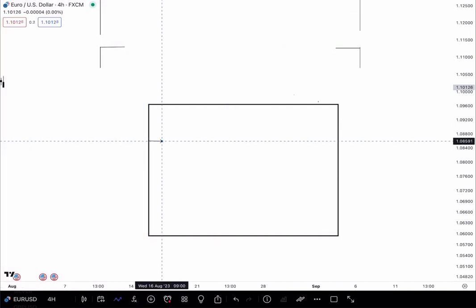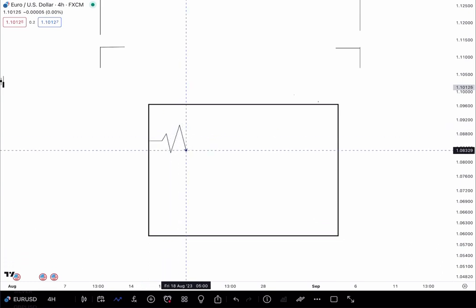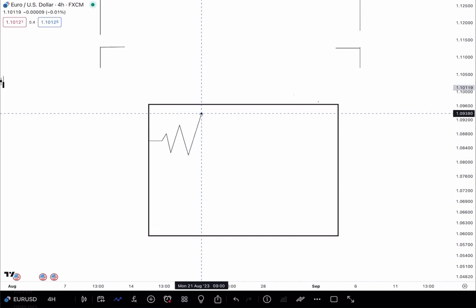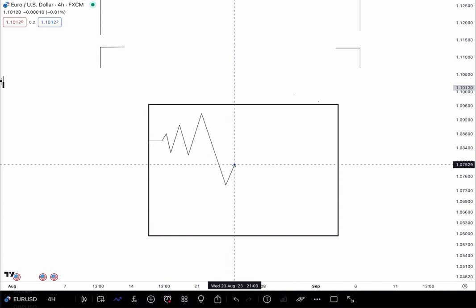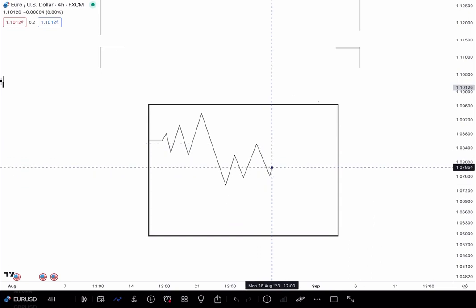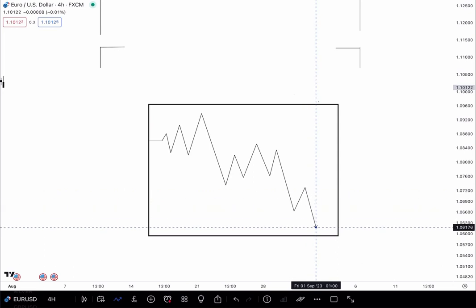You got the open, opening range, remember? A high, breakdown, OTE, and low.